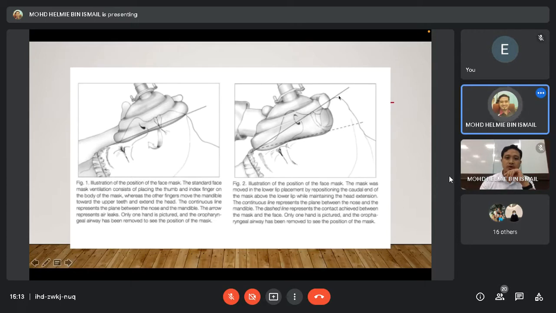When you put it on the mandible, you cannot seal properly. If you put it just above the mandible, just at the lower lip of the patient, you can seal properly. Alright.